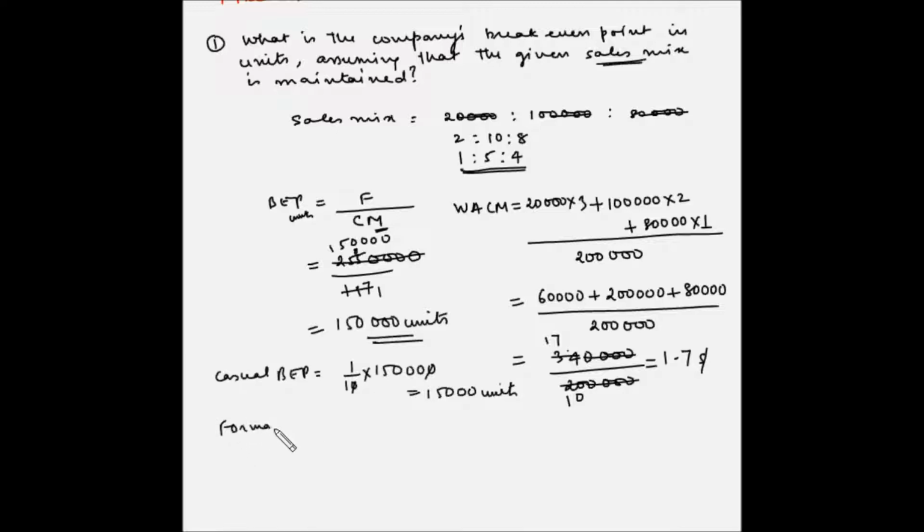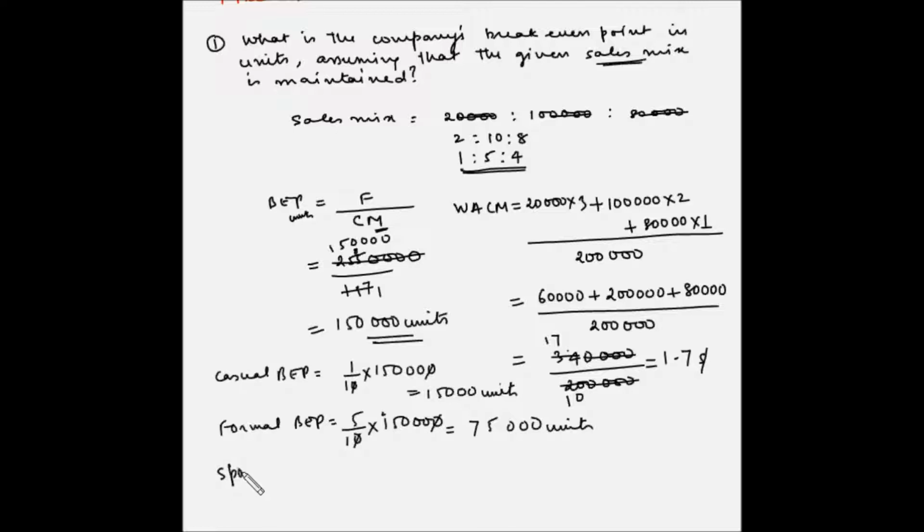For formal, the ratio is 5 by 10, and we'll multiply this by 150,000. So 0 gets cancelled with 0. So 3 zeros, 5 5s are 25, 5 1s are 5, 6 and 7. So 75,000 units.